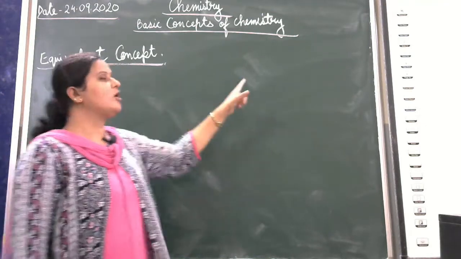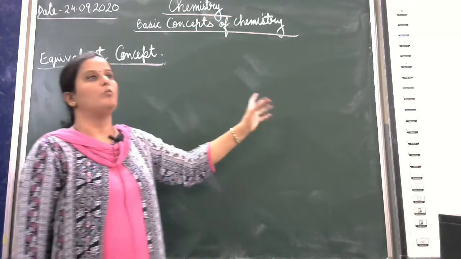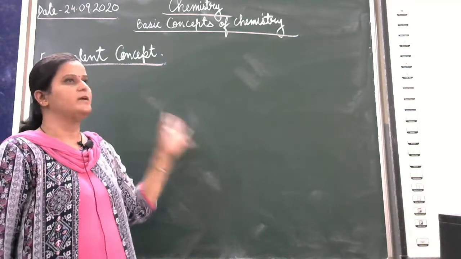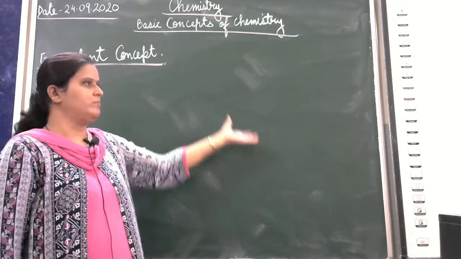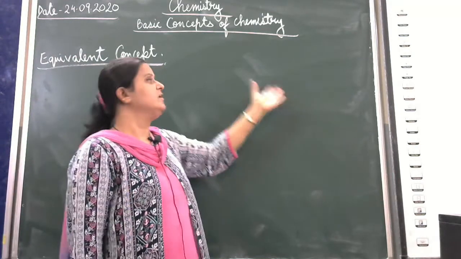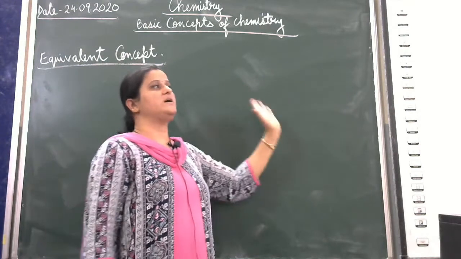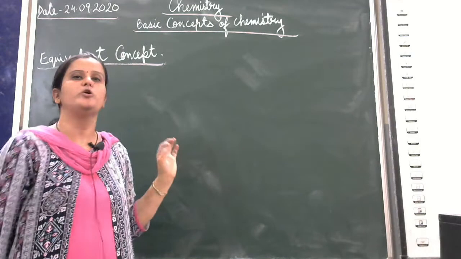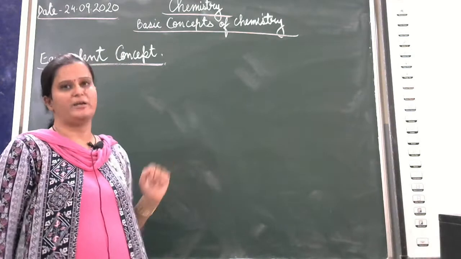In the mole concept, you need to know what the products are also. Only when the entire equation is balanced and the stoichiometry is known to you, can you apply the mole concept.